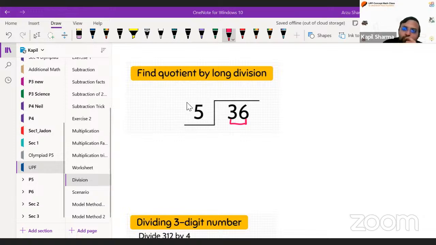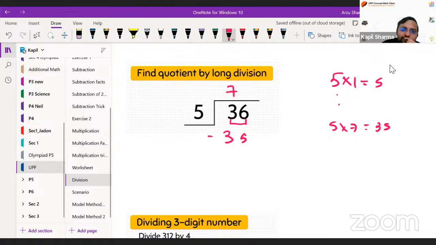36. If you look at the multiplication table of 5, 5 times 7 is 35, which is closest to 36. So a number which is closest to the dividend, and it's less than or equal to it. Yes, that was correct. So 5 times 7 is 35, and 36 minus 35 is 1.